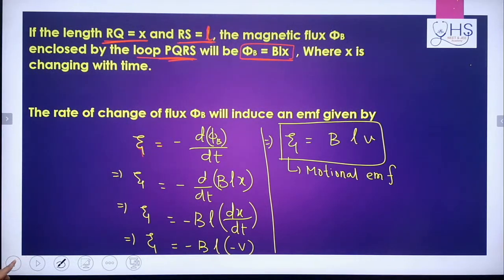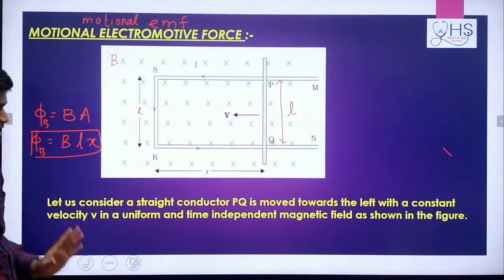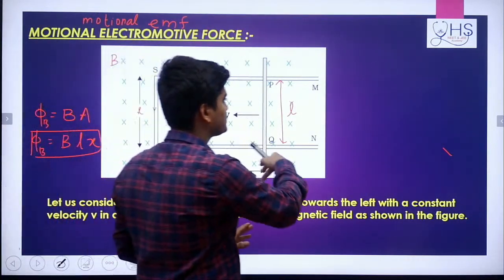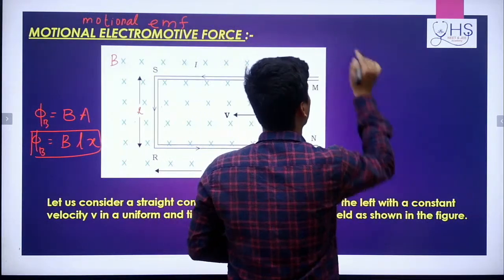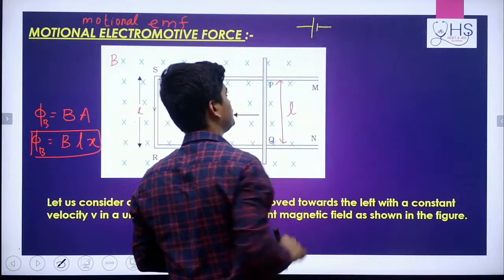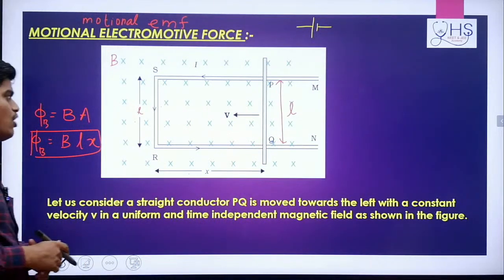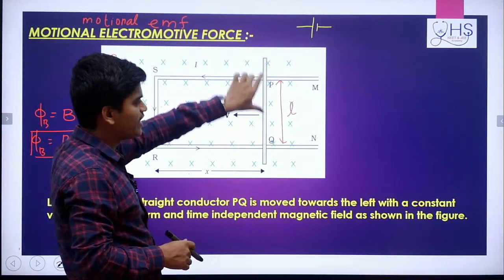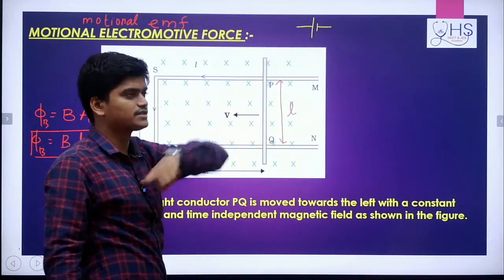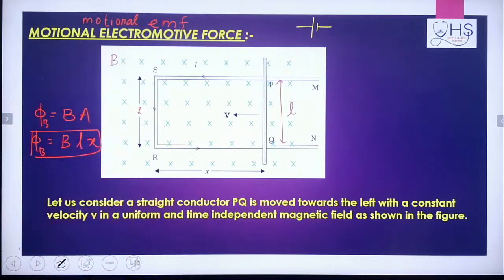Now suppose you are saying this conductor is behaving like a cell. That means, as in a cell you know there will be some positive terminal and some negative terminal. It will be like this, right? Then how to identify which is the positive terminal and which is the negative terminal?